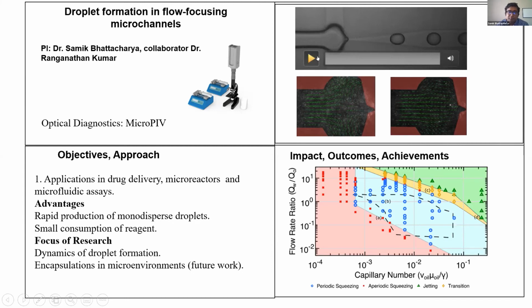Droplet generation at this scale enables us to generate very high speed monodispersed droplets. We have recently submitted a paper to Microfluidics and Nanofluidics, where we have been able to characterize the whole microchannel with this type of measurement.